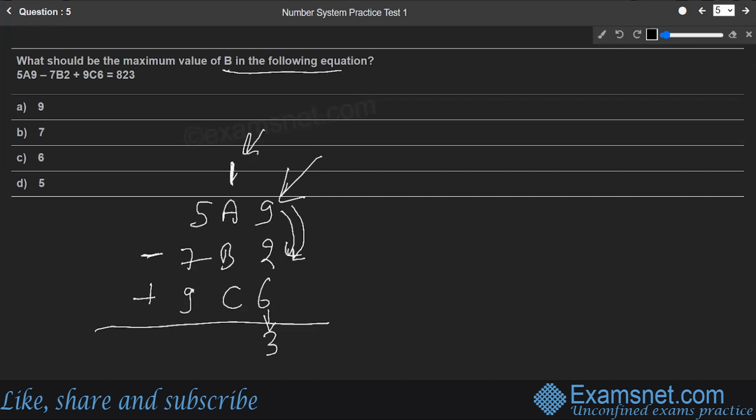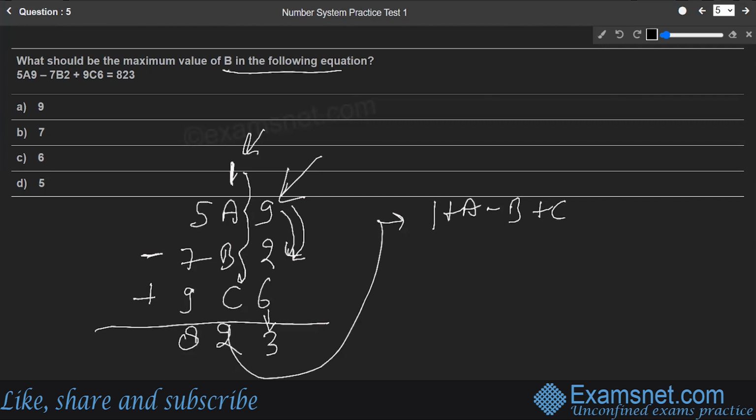Now in the tens place, what we are doing is 1 plus A minus B plus C. The result is already given in the expression, the right hand side is 823.